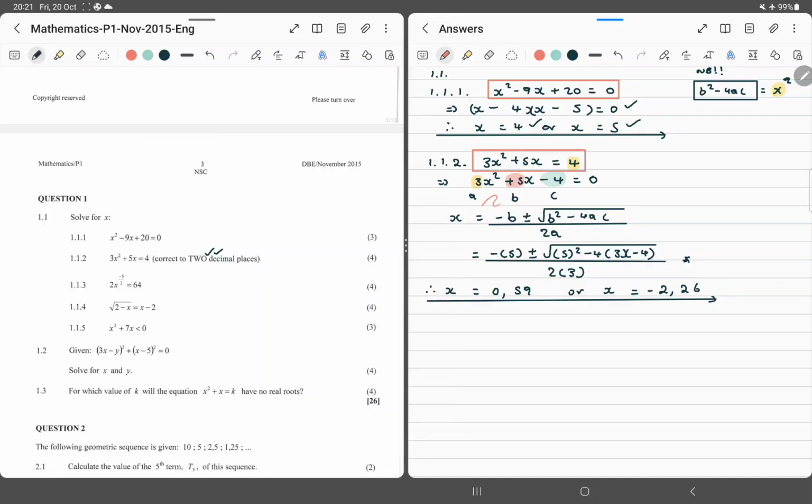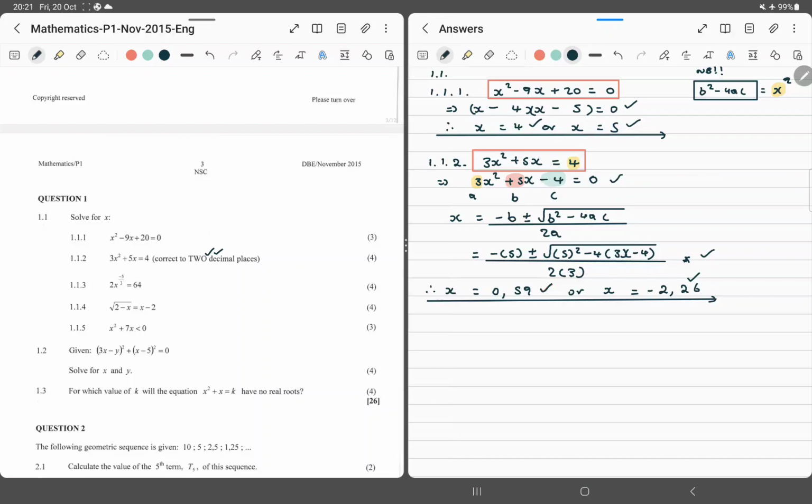Let's see what happens when we put 0.59 in: you square that, plus 5 into 0.59. I'm getting 3.99, which rounded off to the nearest integer is a 4. So this is acceptable. You can check the other one to make sure you are not dealing with coincidences. And then of course the correct substitution there. Getting how many marks? 4.